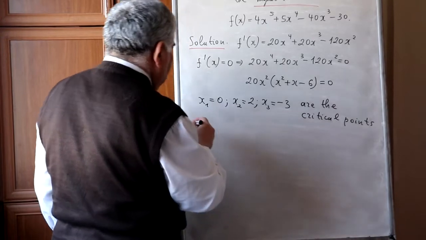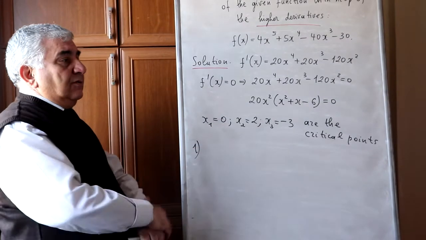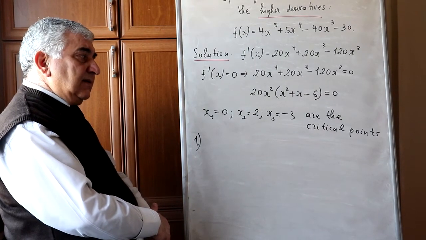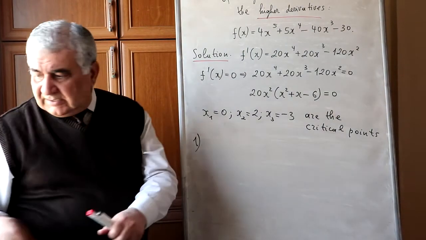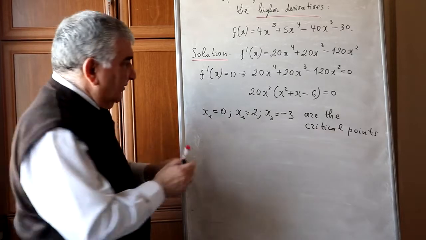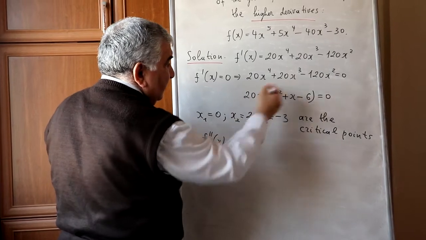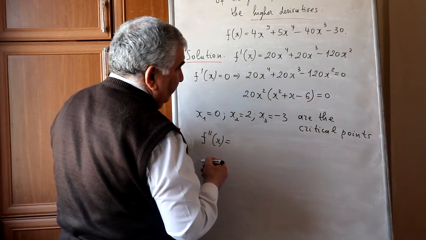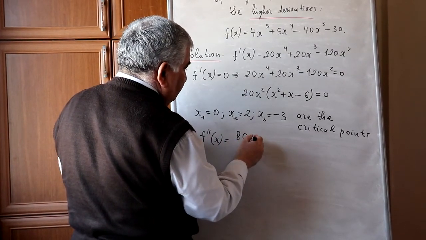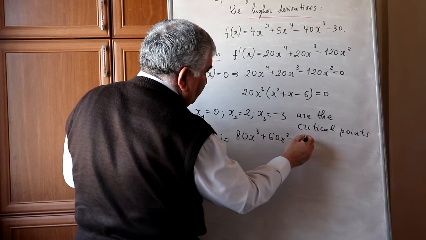Then open the first point for investigation of 0 for extremum point. Then find the second derivative. F2 prime of x equals 80x cubed plus 60x squared minus 240x.